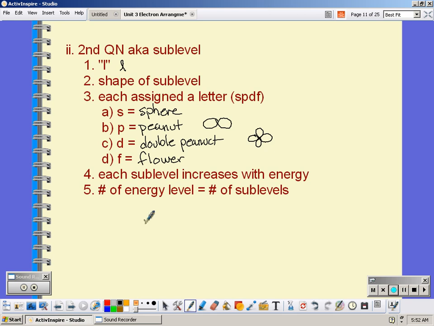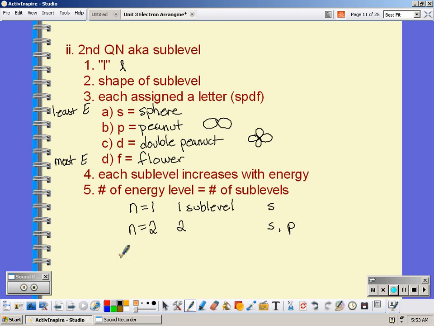Each sublevel increases with energy. So s has the least amount of energy, and the flower, or f, has the most energy. The number of the energy level tells you how many sublevels are contained in that energy level. So if we're on the first energy level, then we have 1 sublevel, and that's the s. If we're on the second energy level, we have 2 sublevels, s and p.